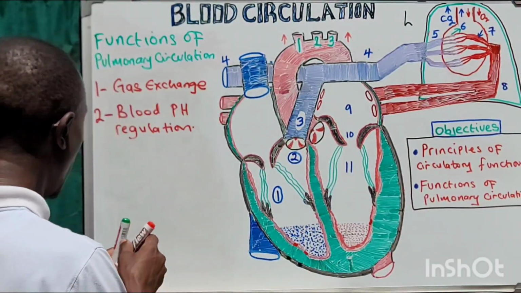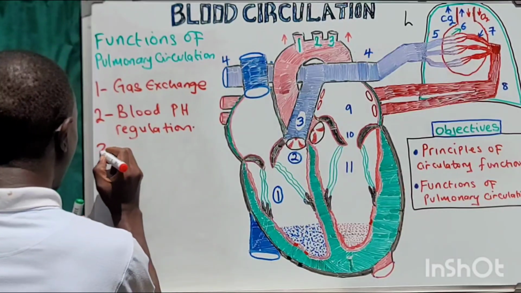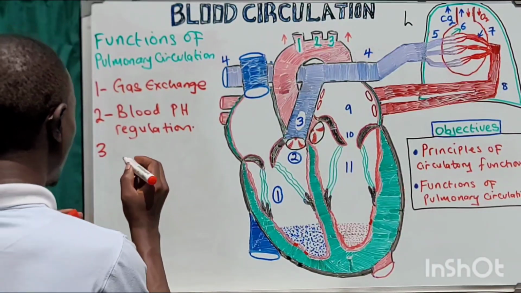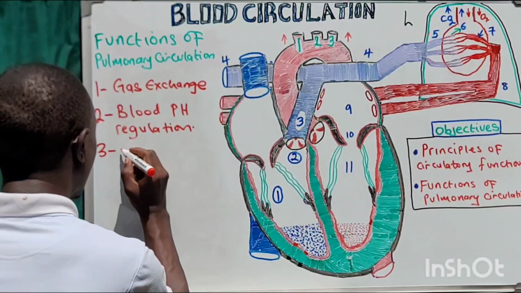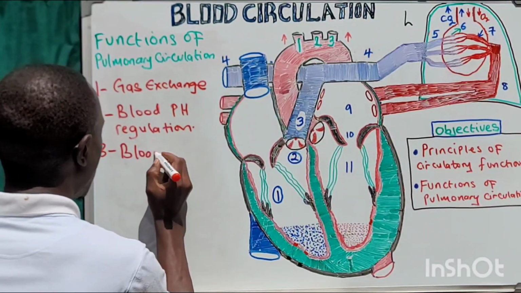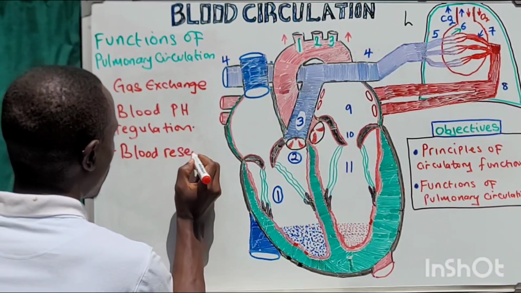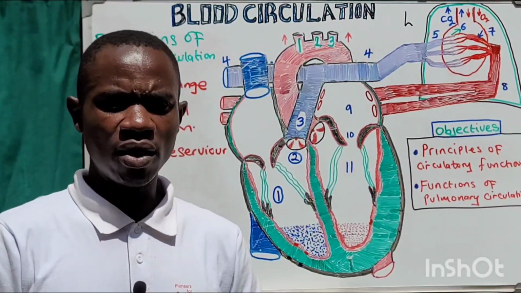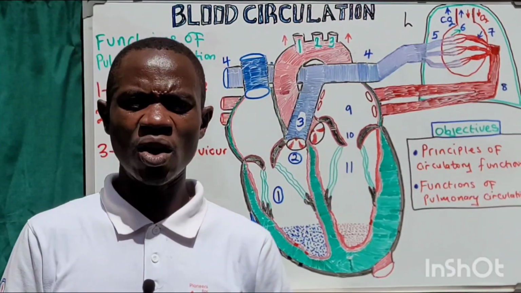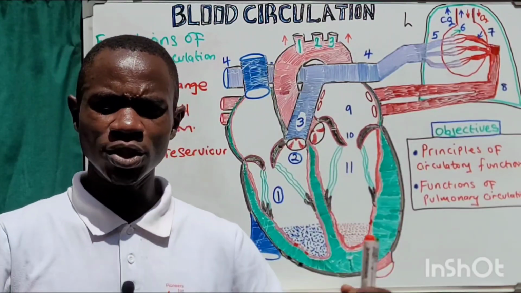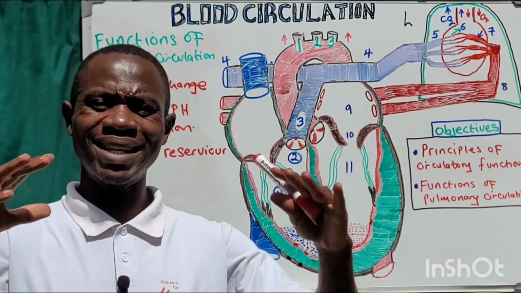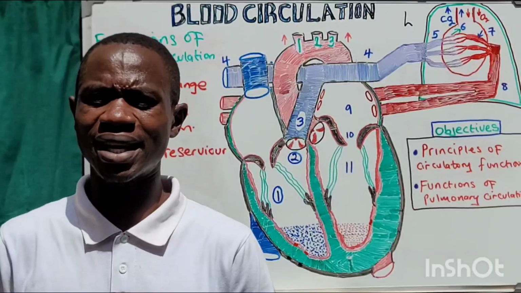Okay. Another function of the pulmonary circulation is that it also serves as a blood reservoir. What do I mean by this? Of the entire total cardiac output, an extensive amount of blood goes into the pulmonary circulation and gets reserved in the pulmonary circuit.